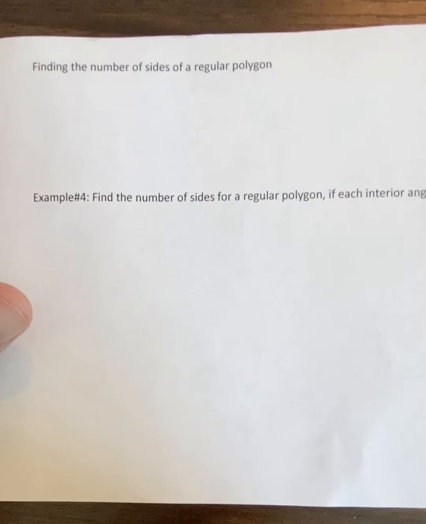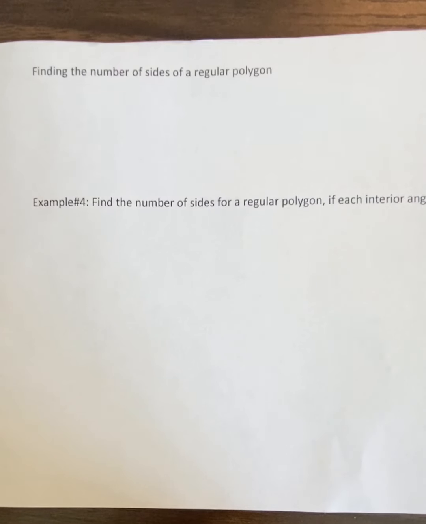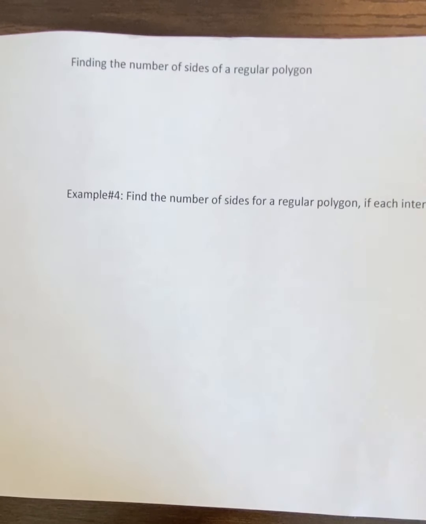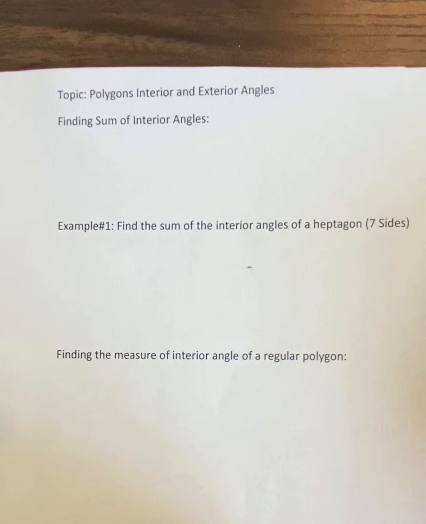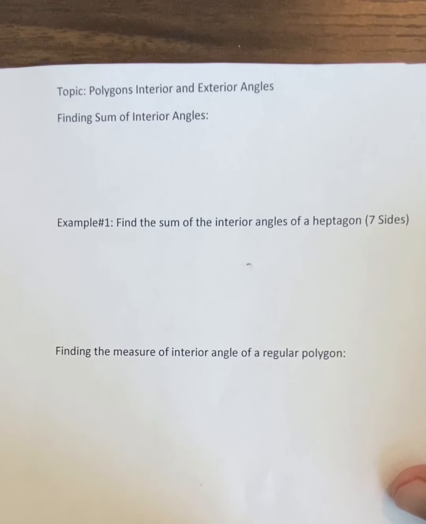Okay, so now we're going to switch gears, and this was the last thing that we studied in the beginning of chapter 8, which were the interior and exterior angles of polygons. So first, let's come up with the formula for finding the sum of interior angles of a polygon.